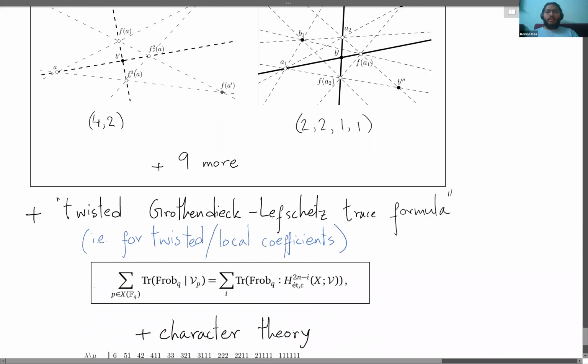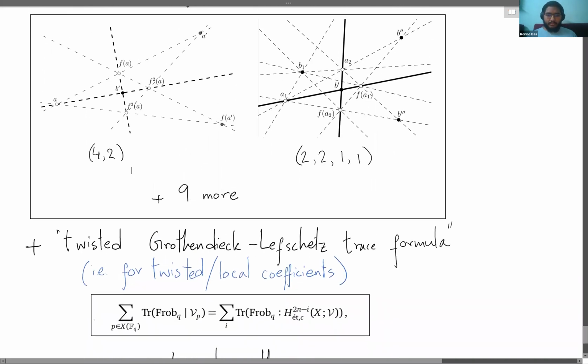Then you plug them into the formula coming from this big algebraic geometry machinery of connecting cohomology with point counts. And what you have to do here is use a version of that that's defined for local coefficients.